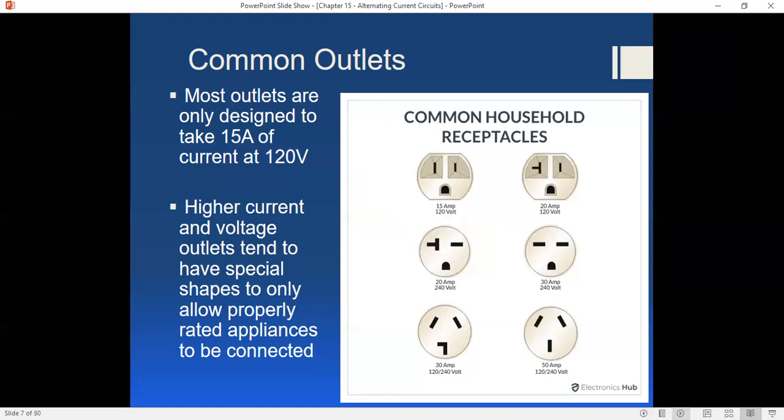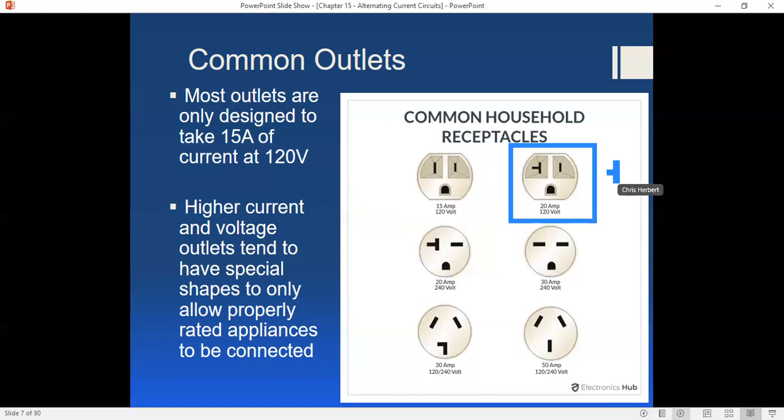Okay, if you look around our labs, our classrooms, you'll see that the outlets actually have this extra little, what would you call it, a wing? But it's T-shaped.